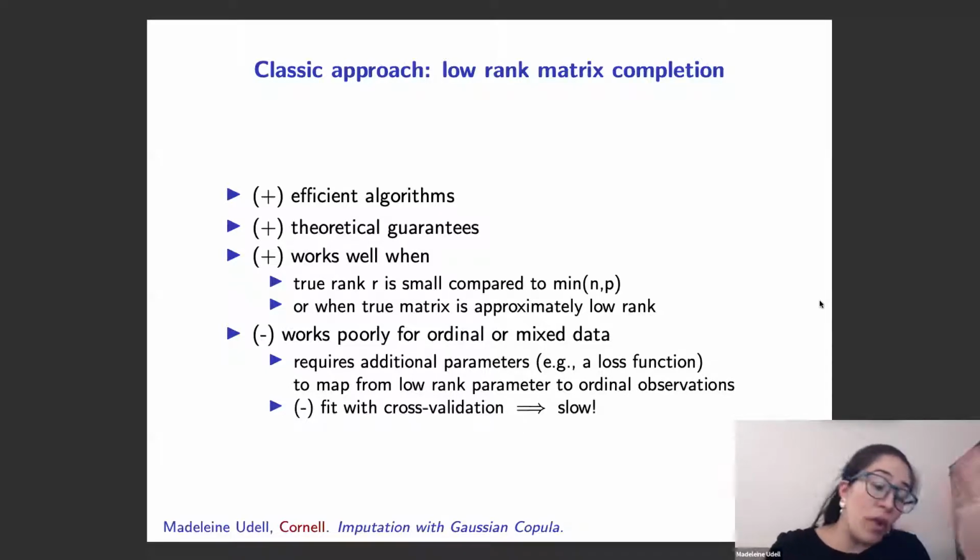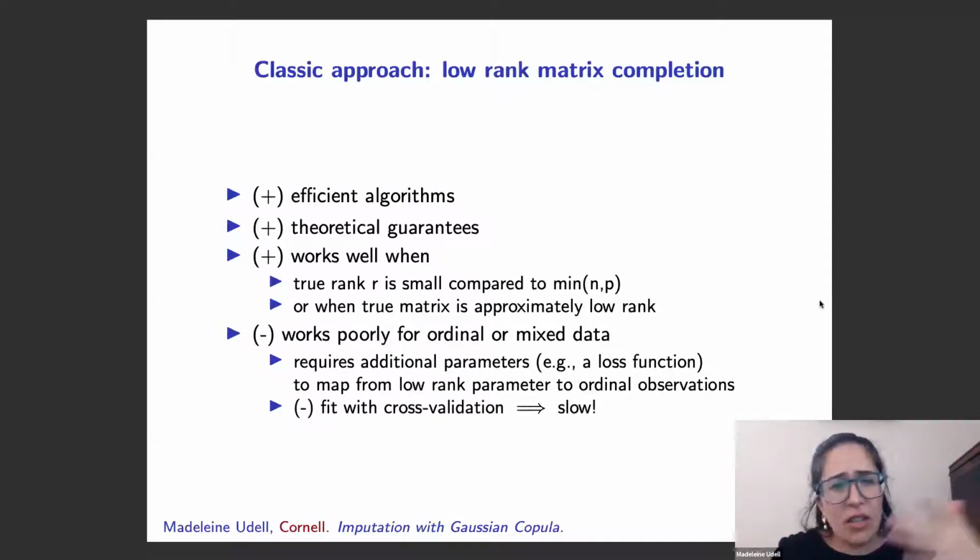In that approach, you model the data by saying there's some underlying latent low rank parameter matrix, and the data is generated by some statistical model that takes this low rank parameter matrix and produces the values, maybe in some noisy process. The nice thing about this is there are efficient algorithms. They admit theoretical guarantees. They work well when the true rank of this parameter matrix is small compared to the dimensions, or when the true matrix is approximately low rank.